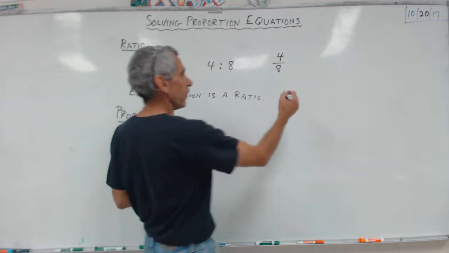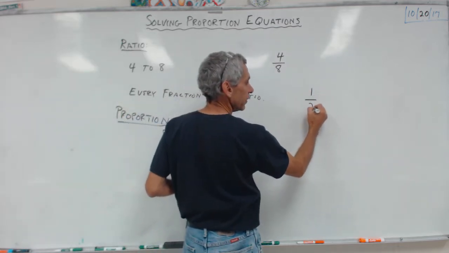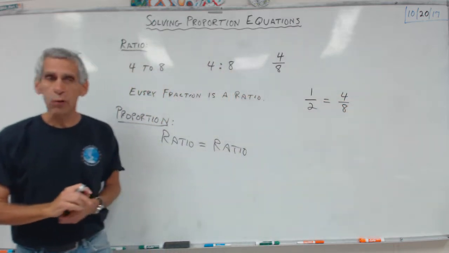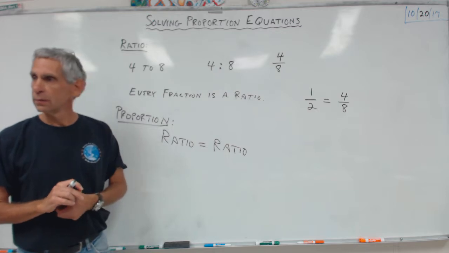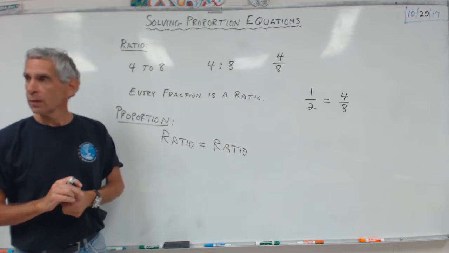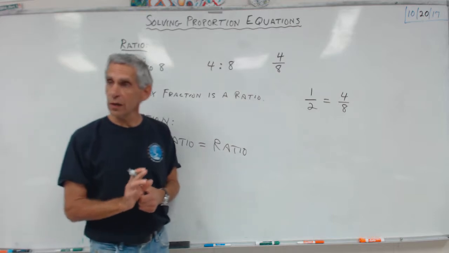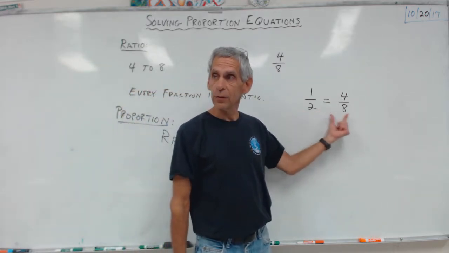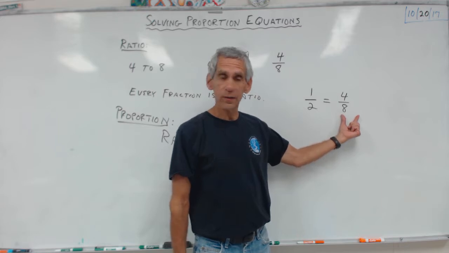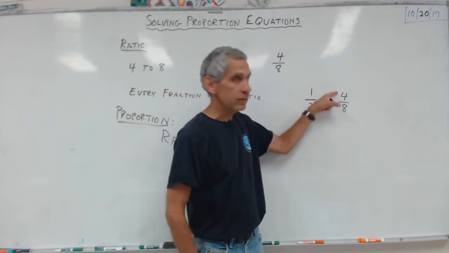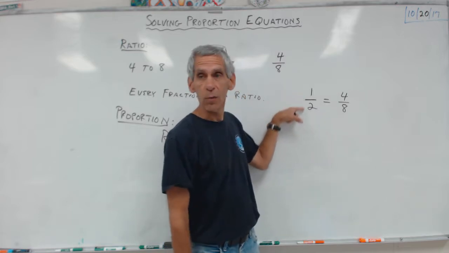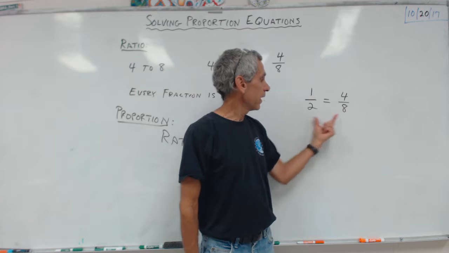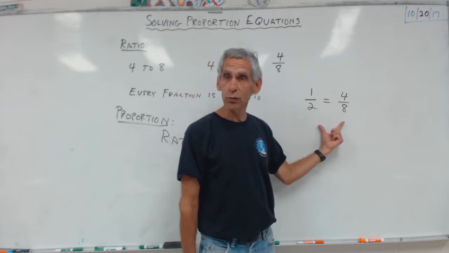If I had 1/2 equaled 4/8, is that an appropriate proportion? It's an equivalent fraction. Yeah, it is. As long as they truly are equal and equivalent, then yes, 1/2 is proportionate to 4/8, because I could simplify this and turn it back into 1/2, or I could multiply this by 4 and turn this into 4/8. So that is a true proportion.